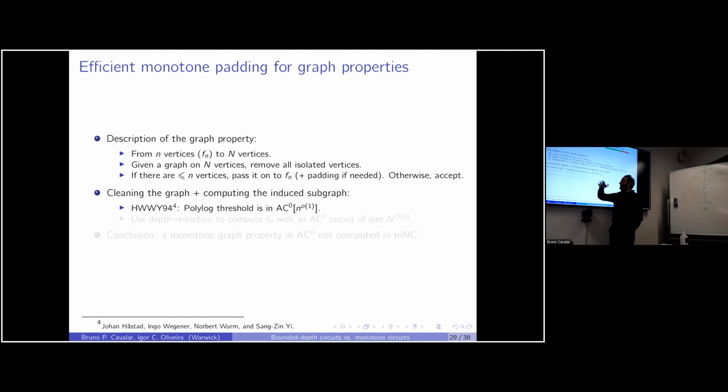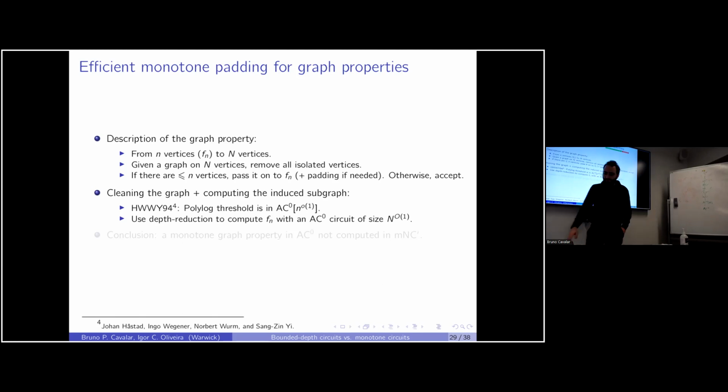You can decide if the number of ones in a binary string is larger than a threshold, which is polylog of the length of the string, in AC0. And then use the depth reduction to get an exponential size AC0 circuit for F_n, but that's going to be polynomial in capital N.